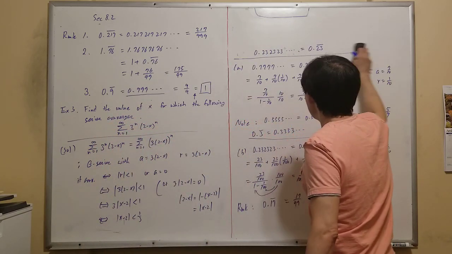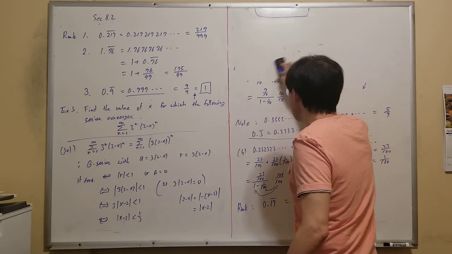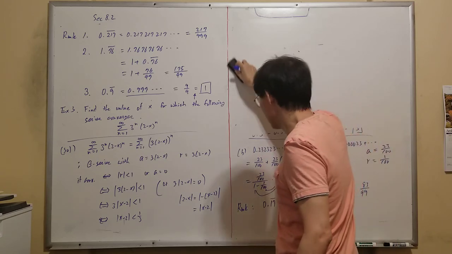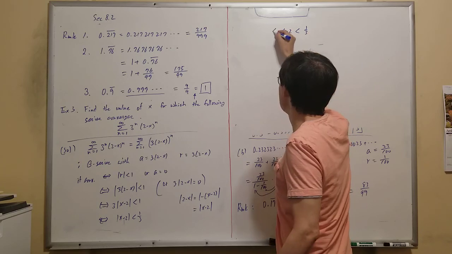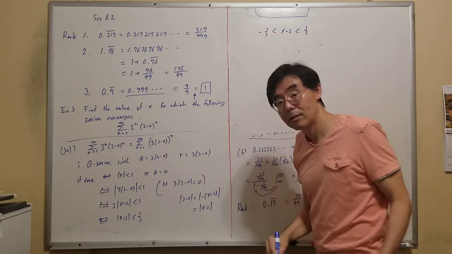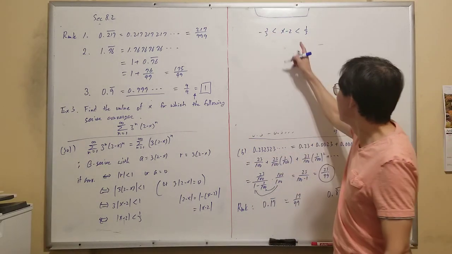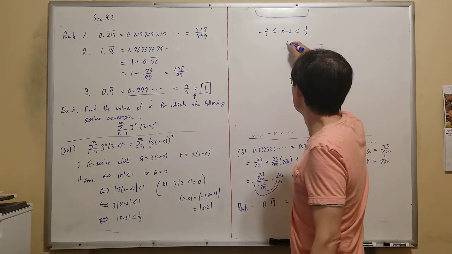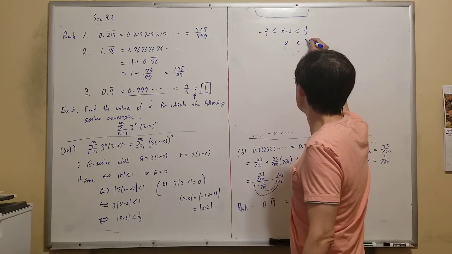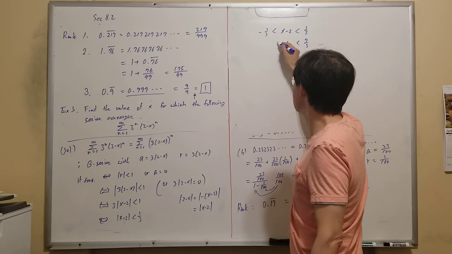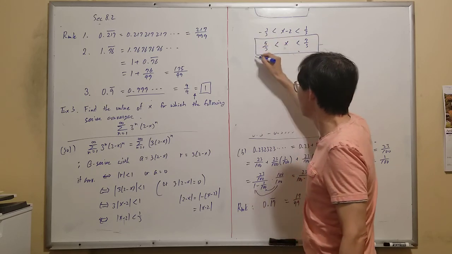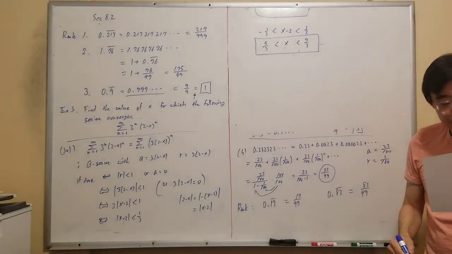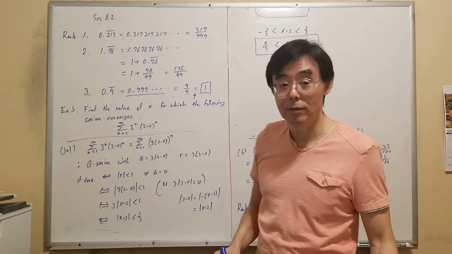That means the absolute value of something is less than some positive number, so the inside number is between that number and the negative of that number. Right? Adding 2: 2 plus 1/3 is 7/3, and 2 minus 1/3 is 5/3. So your x has to be between 5/3 and 7/3.